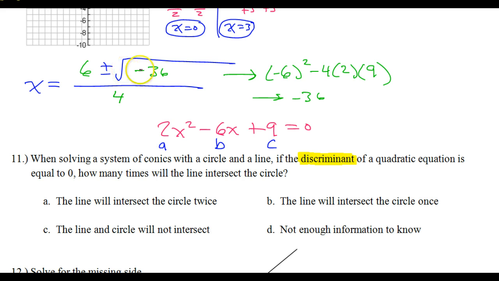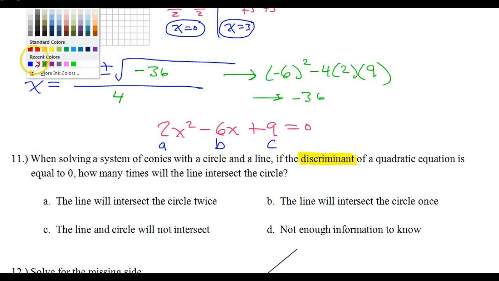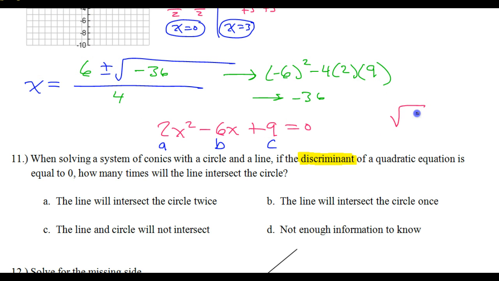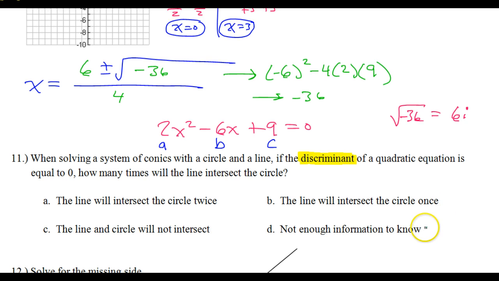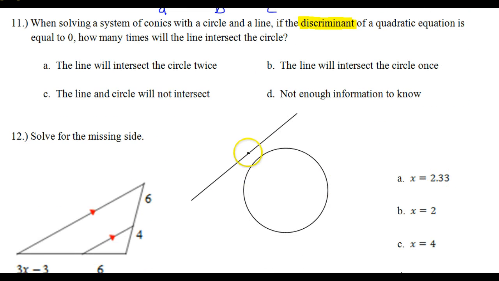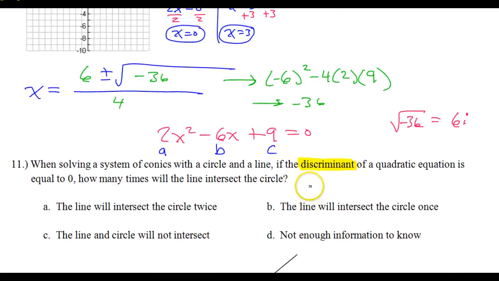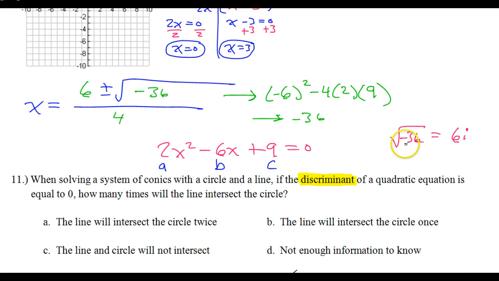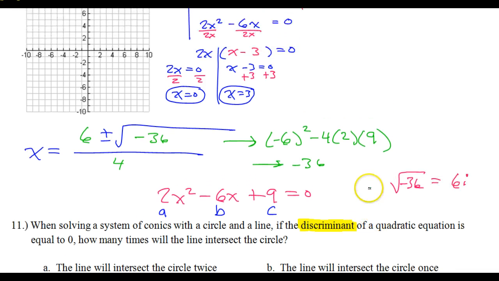The square root of negative 36 is going to be imaginary. Negative 36, that's going to be 6i. So I got this plus or minus 6i. These are imaginary solutions. They're not real. That's what happens when you have no solution. That's what happens when there are no intersections. So it turns out that if the discriminant is negative, then I'm going to have no solutions.